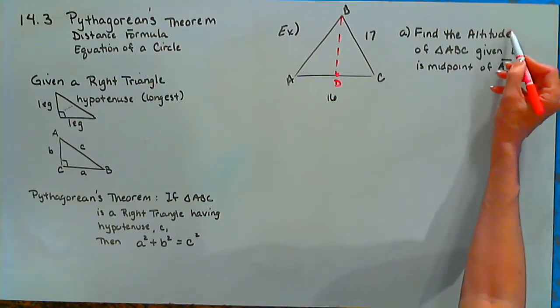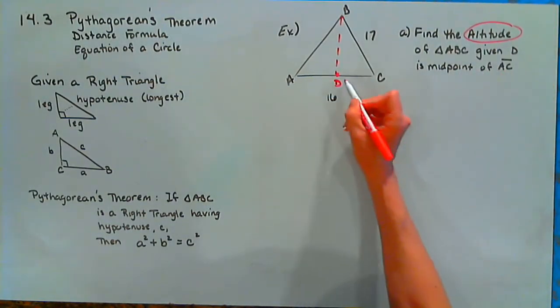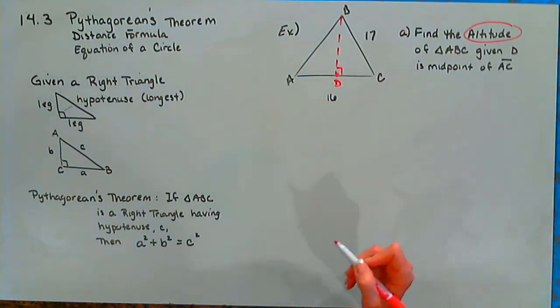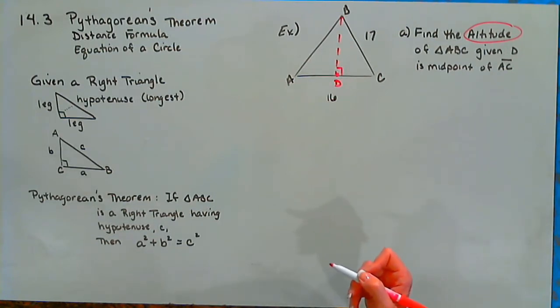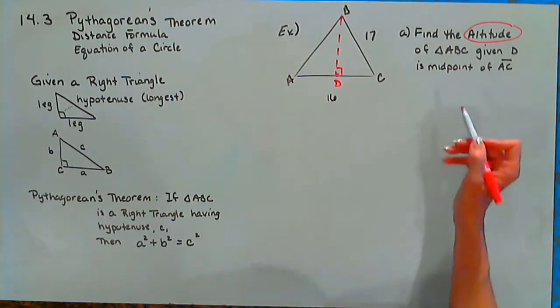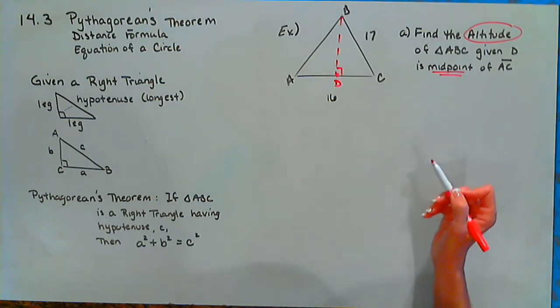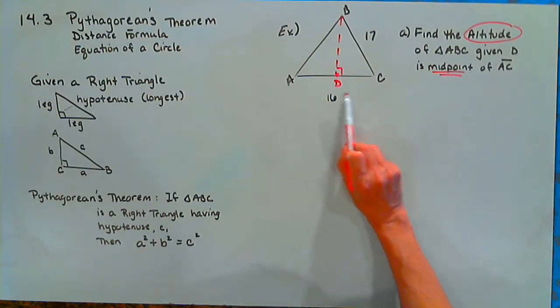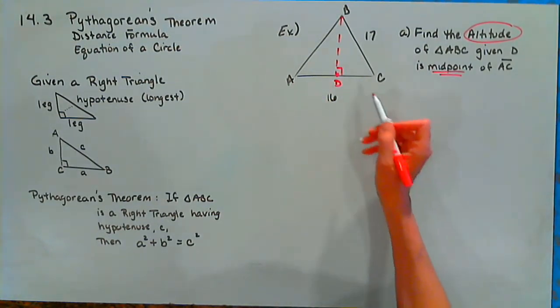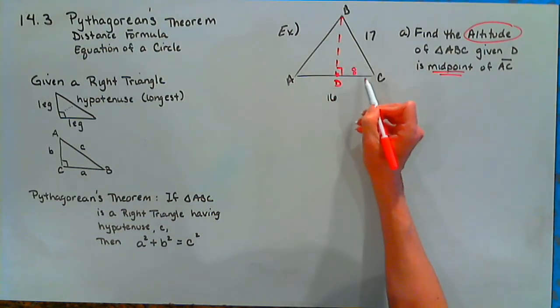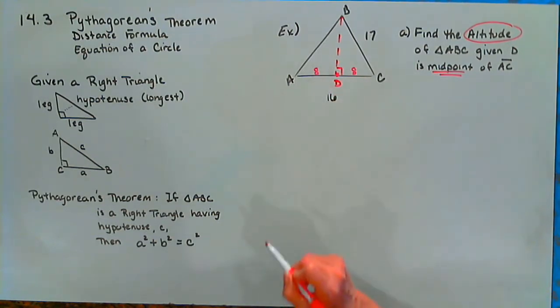So because it's the altitude, we know that it is going to be perpendicular to the opposite side, so we've now formed a right triangle. Since it's also the midpoint, we now know that side AC is 16. Therefore, half of it is here and half of it is here, so each of those segments is 8.